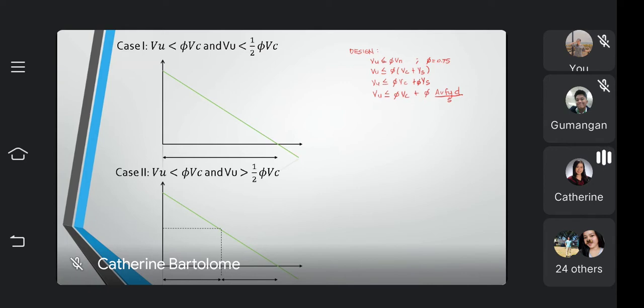I'll state a scenario and you decide. What if your ultimate shear Vu is greater than the shear of your concrete? Do we need a stirrup or not? No need, ma'am. Why?